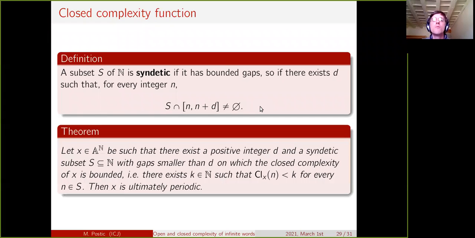And the theorem we were actually able to prove was the following one. If you take a word such that there exists a synthetic subset on which the closed complexity of this word is bounded, then this word has to be ultimately periodic.